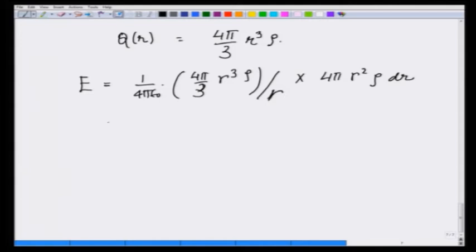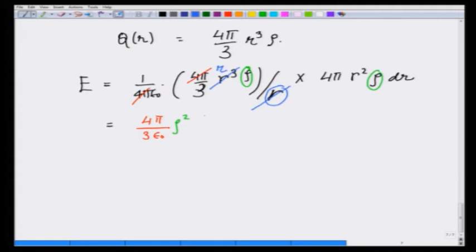Let us work this out. Let me cancel this 4 pi. So, I get 4 pi over 3 epsilon 0, this rho here and this rho here gives me rho square, this r cancels with r cubed and gives me r.